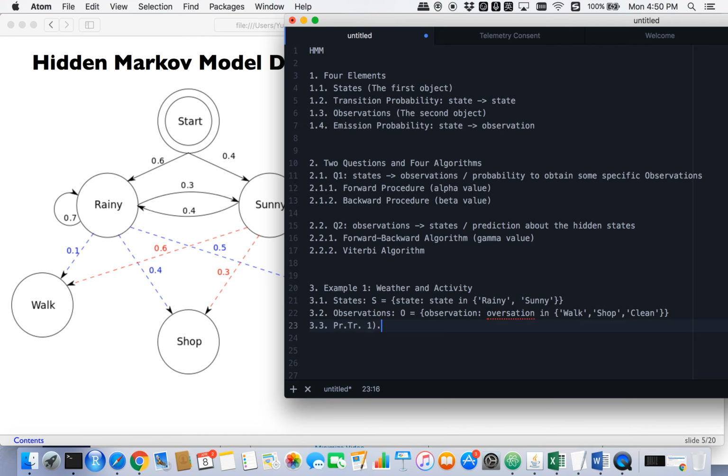Now the transition probability from sunny to raining, that is, the first day is sunny and the second day is raining, is what? It's 0.4. And we have a similar one: given that the first day is sunny and the second day is sunny is what?